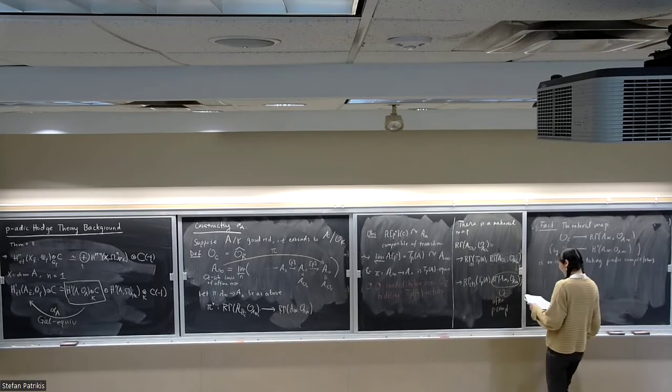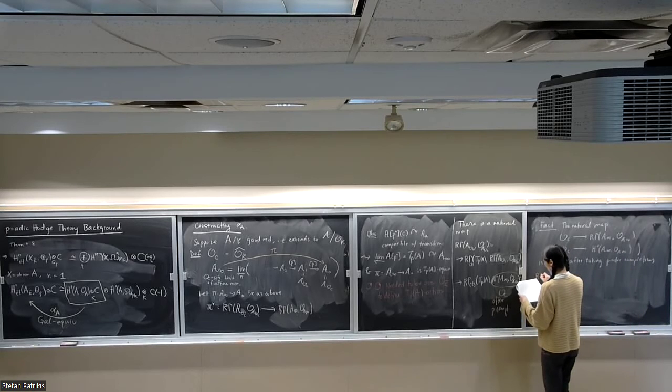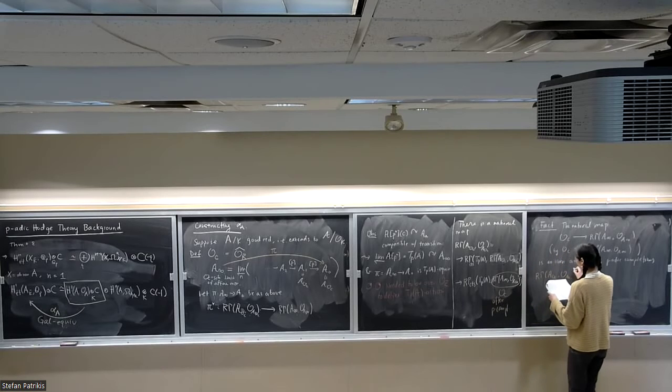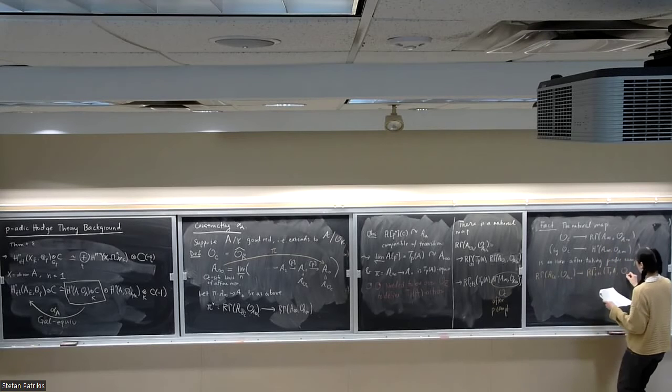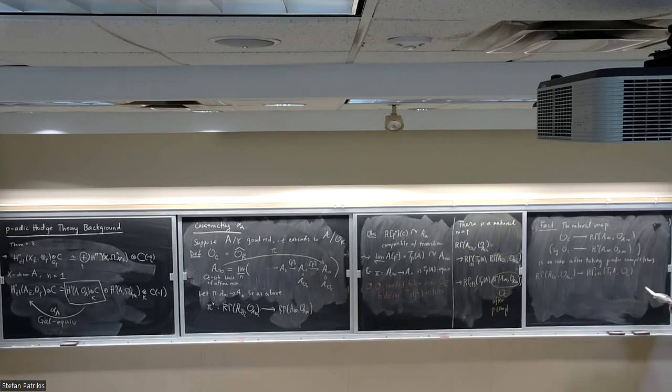So what does that become? This becomes R gamma A of C mapping to R gamma continuous of TP of A. Now it's just OC instead of the sheaf cohomology.